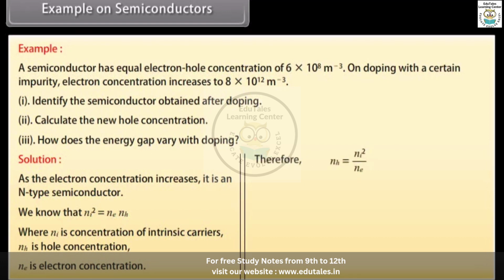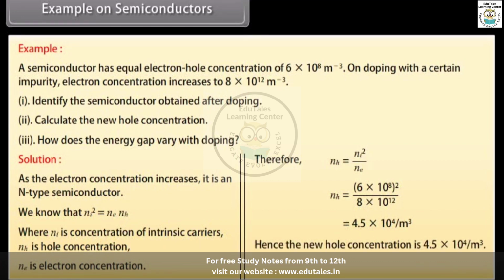Therefore, NH is equal to Ni² divided by Ne. On putting in the values, we get NH equal to 4.5 × 10^4 per meter cube. Hence, the new hole concentration is 4.5 × 10^4 per meter cube. With the doping, the energy gap decreases.